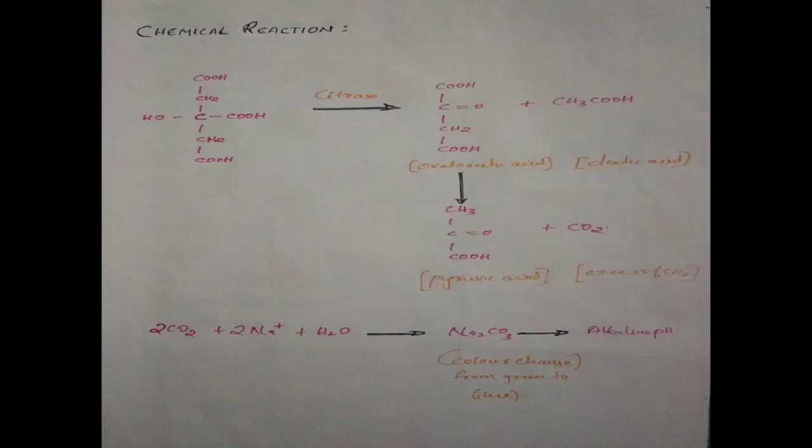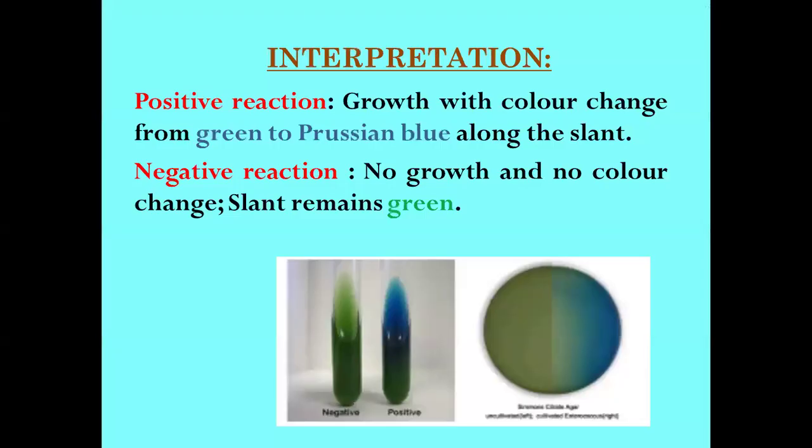Only a few genera, especially Klebsiella pneumoniae, have this ability, so we are able to identify or differentiate the enteric organisms using the IMViC test. Growth with the color change from green to Prussian blue means the organism utilizes citrate as the sole carbon source by secreting an enzyme called citrate permease.